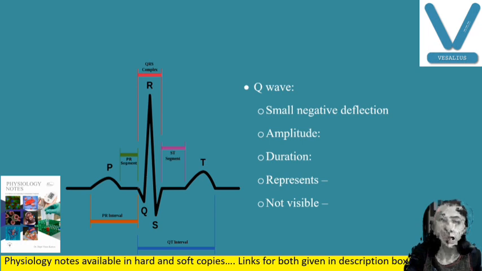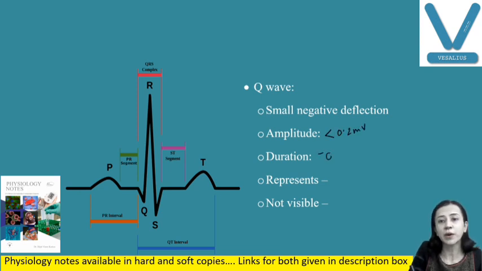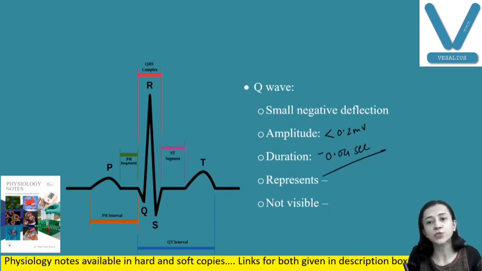You can see here, this is Q wave. It is a small negative deflection. Okay, amplitude is less than 0.2 millivolt. Okay, and duration is about 0.04 seconds. Try to remember all these amplitudes and durations. These values which I am writing here, I have taken from the standard textbook. Your textbooks may have different values, so try to follow these values.